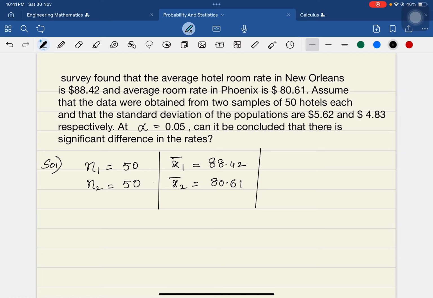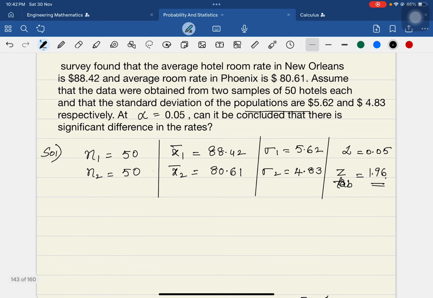The population standard deviations are given: sigma 1 is 5.62 and sigma 2 is 4.83. Alpha is 0.05, so the z table value at 95% confidence is 1.96. These are the things we know now.